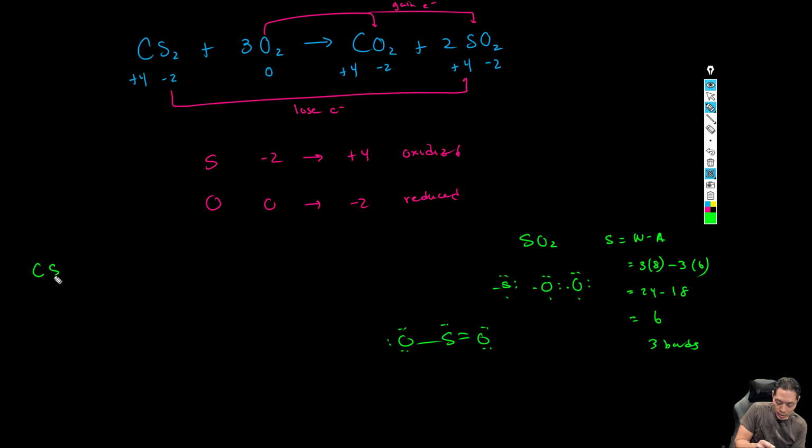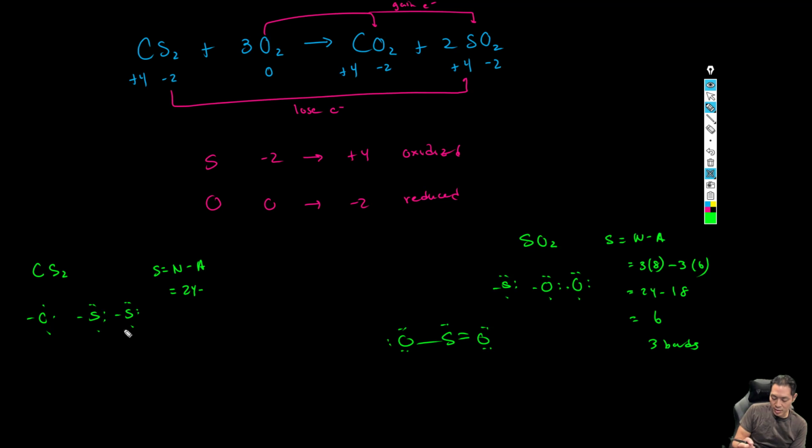So for CS2, we have carbon, which is 1, 2, 3, 4. Sulfur, like I said, is like oxygen, 6. So if we're going to use the equation, noble is 3 times 8, which is 24.